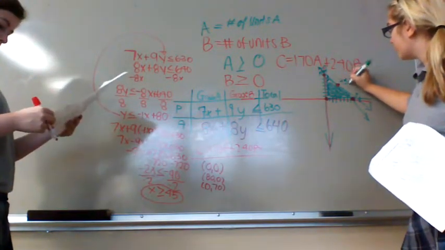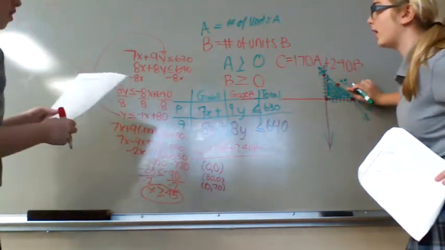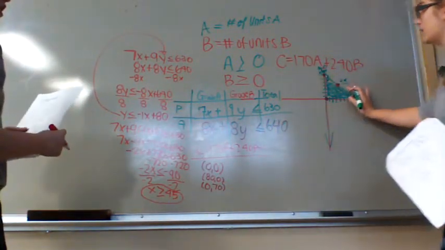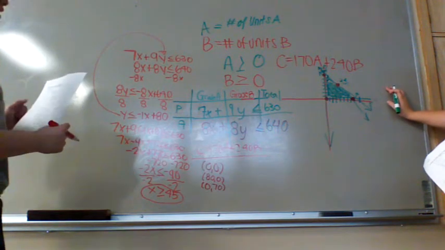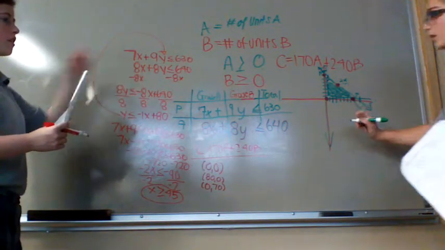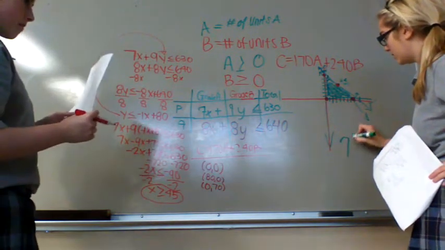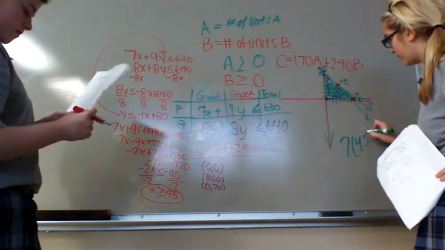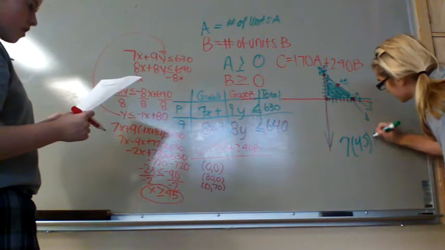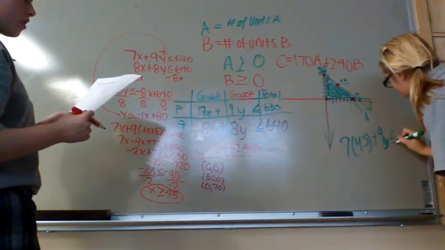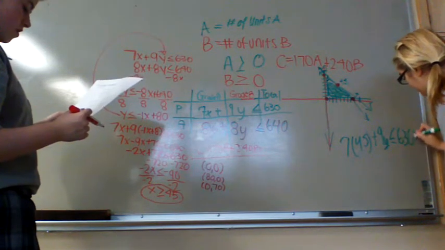Your first part of that point is 45, and then to find y, you plug the 45 into either one of those equations from over there. So let's do the top one: 7 times 45 plus 9y is less than or equal to 630.